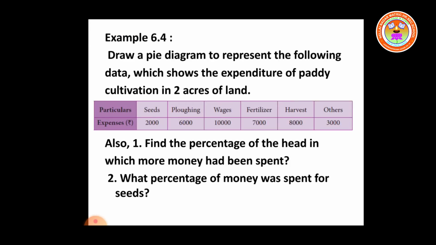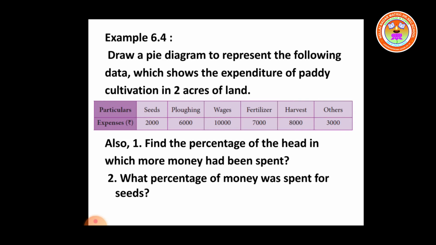Next, we will see one example 6.4. Draw a pie diagram to represent the following data, which shows the expenditure of paddy cultivation in 2 acres of land. Particulars: seeds, expenses 2000 rupees.